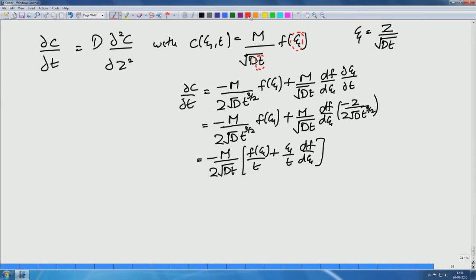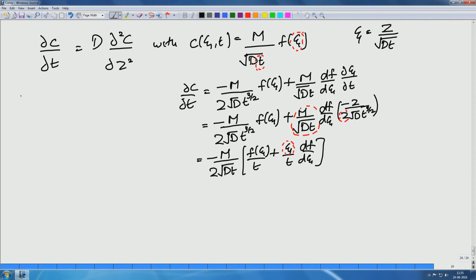You can see that I have taken this factor of m by root Dt out, and this factor of 2 out, and the negative sign also comes out here. Therefore, I have z by root D times t to the 3 halves. z by root Dt is psi, and since I have a t to the 3 halves in the denominator, I have to include that 1 over t over there. So, that is the left side of this equation.